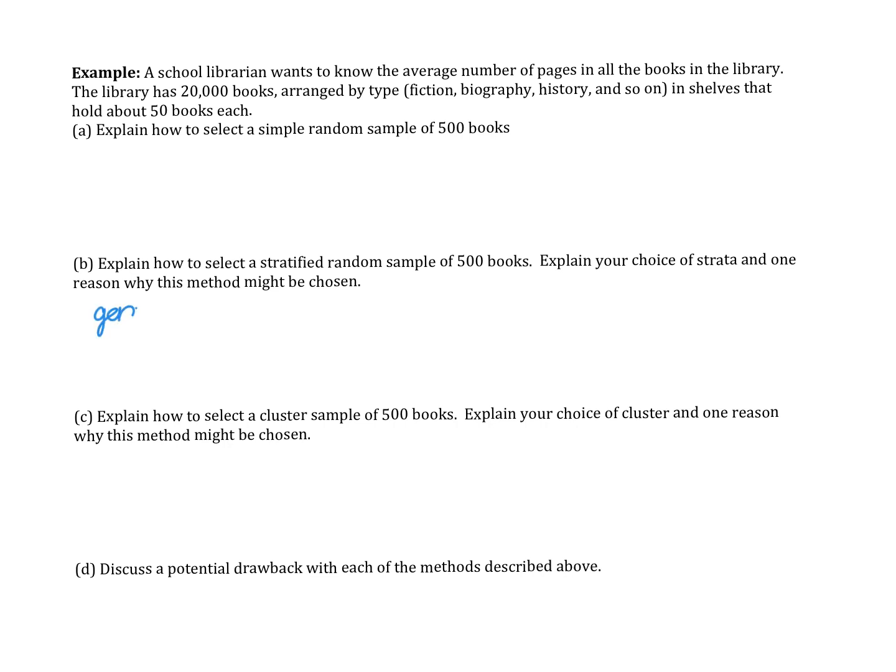Because a biography or a history book might have a lot of pages, while a science fiction book might have fewer pages, depending on the library. Okay. Genre. It's reasonable to believe that fiction books are going to have a similar amount of pages compared to history, maybe. History books probably have a lot more pages than fiction books do.